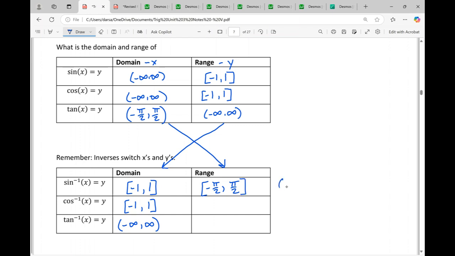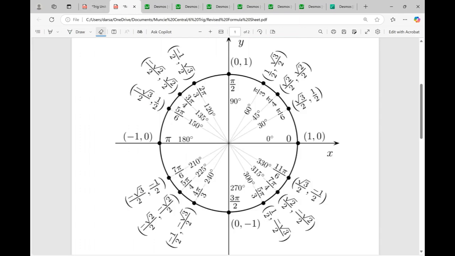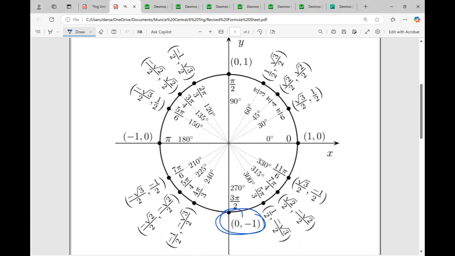Now, notice -π/2 is down here. Remember, if you're looking at a unit circle, negative goes in this direction, down here to the negative. So this is our negative angles right here in this portion. And then our positive angles will come from this portion of the unit circle.